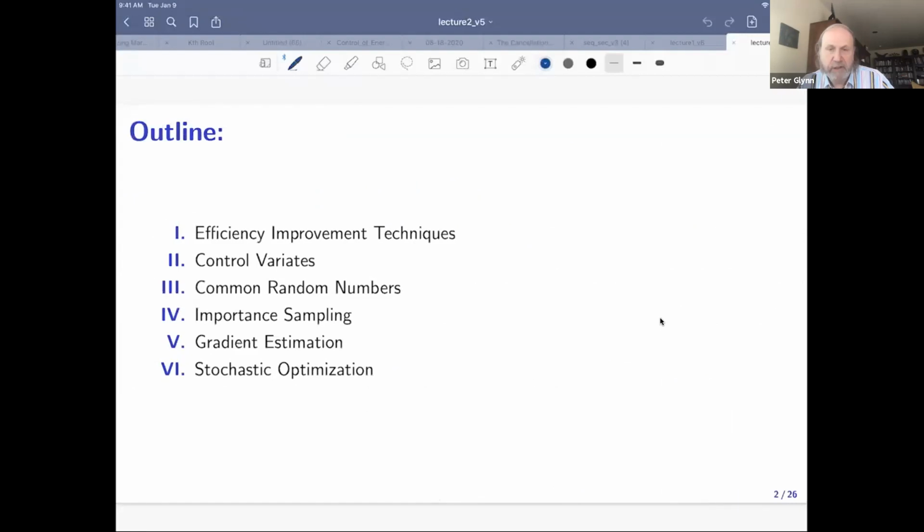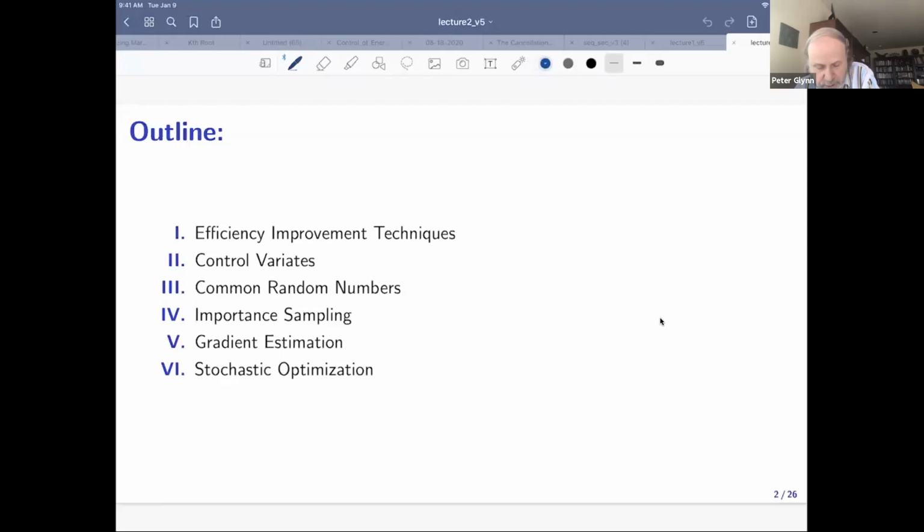So what I'm going to talk about in this session is what I, and what many other people, have now come to refer to as efficiency improvement techniques. But if you've read the Monte Carlo and simulation literature, you'll often hear the term variance reduction methods or variance reduction techniques. This is basically the same set of ideas, but expressed in a somewhat broader view.